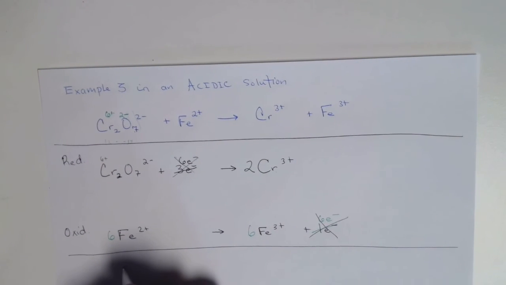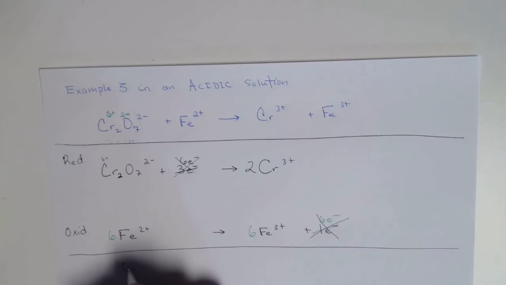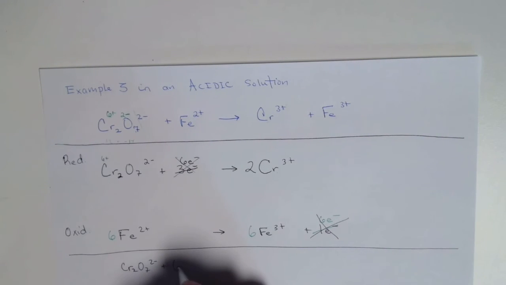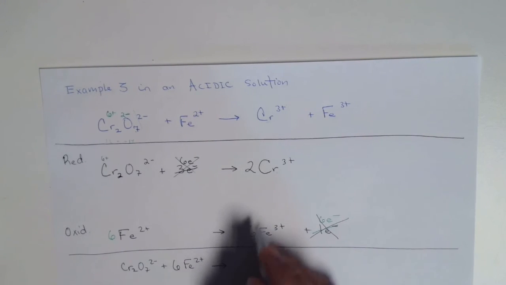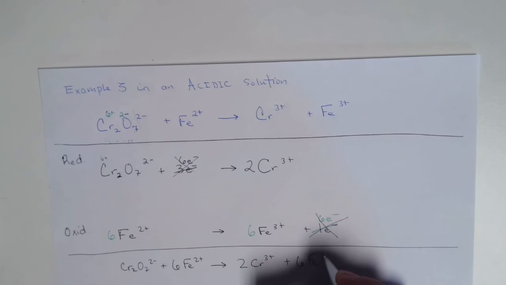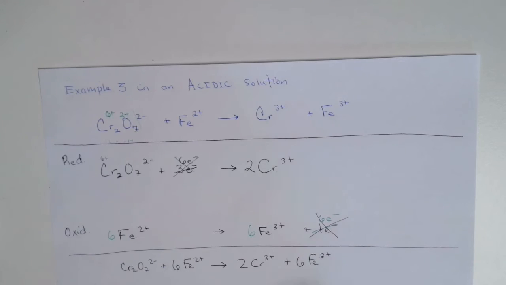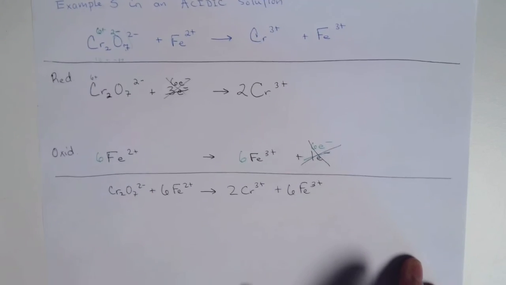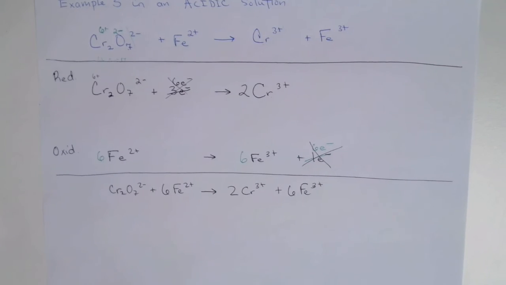I have, and I'm going to leave some room here on purpose, Cr2O7 2 negative, dichromate ion, plus 6 iron 2s, gives me 2 chromium 3s, plus 6 iron 3 plus. All right, nice. All right, great. And we were hoping we were done, but we noticed a couple things right away.